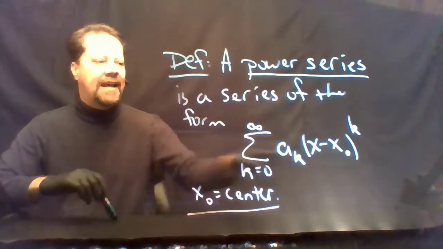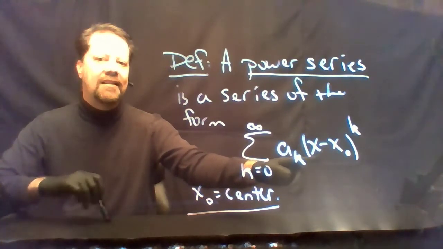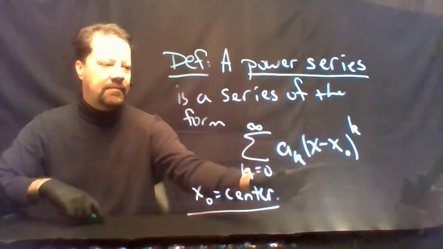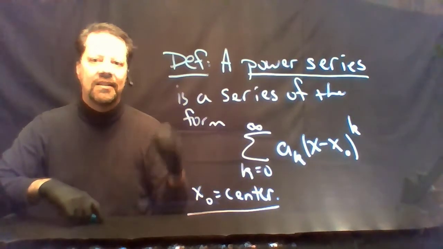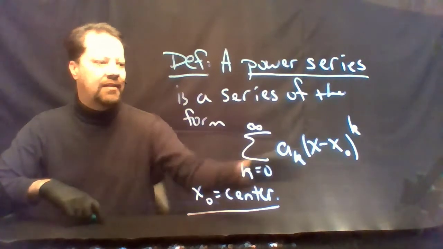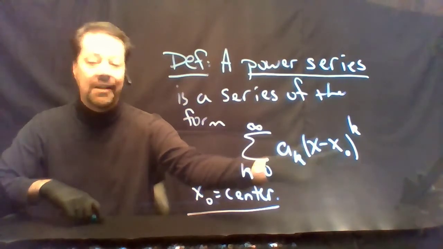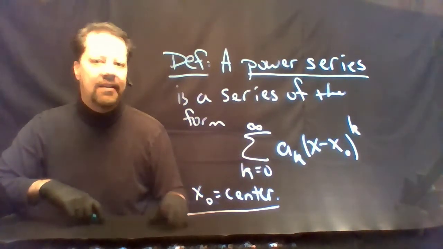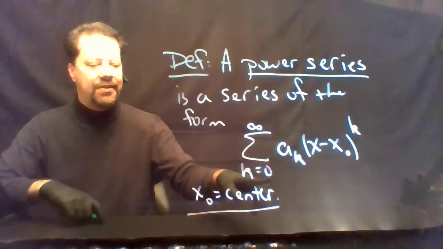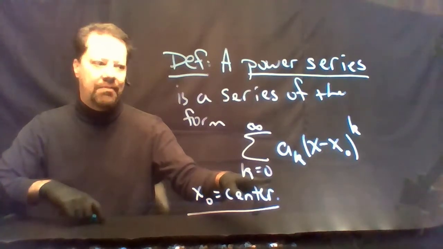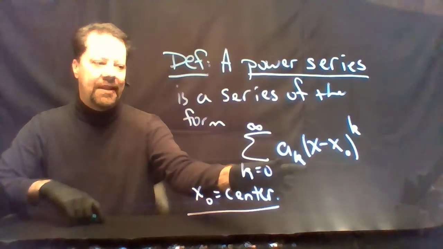And from the outset, you're not guaranteed that this will converge as a series at any point except x naught. It will always converge at x naught, because when x is equal to x naught, you get a bunch of zeros. The only potential term that might survive and not be zero is the k equals 0 term, because a naught will be that first term.